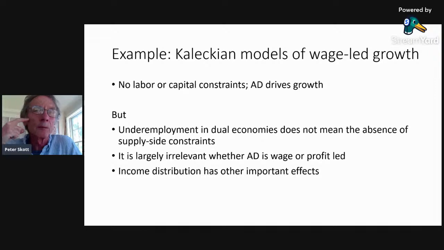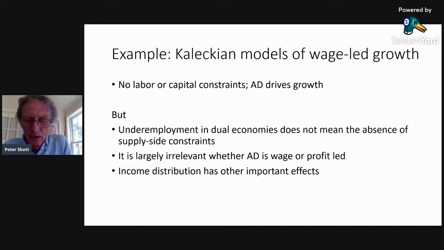Let me give you a couple of examples to illustrate. If you look at Kaleckian models of wage-led growth, if you look at Eckhard Hein or Marc Lavoie's well-known textbooks, it's a defining characteristic that there are no labor or capital constraints in these models.